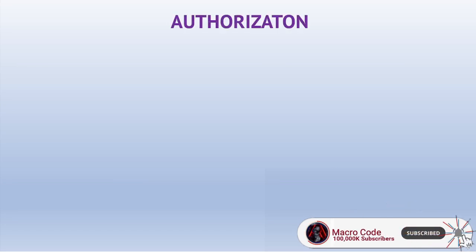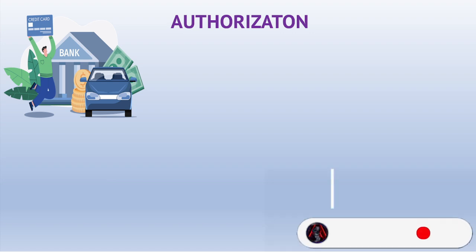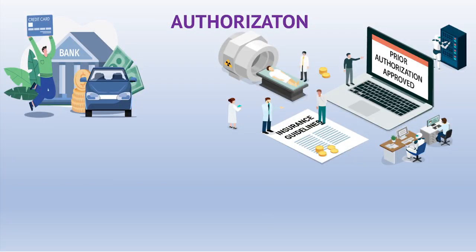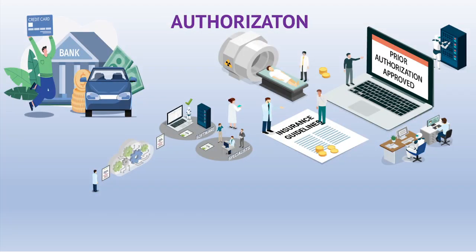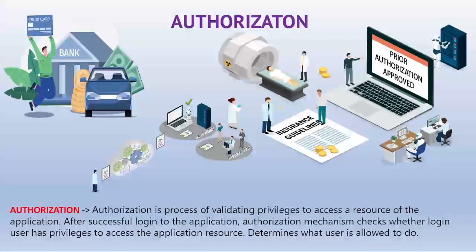Authorization is the process of validating privileges to access a resource of the application. After a user successfully logs into the application, the authorization mechanism checks whether the logged-in user has privileges to access the application resources. It determines what the user is allowed to do in the application. This is done after the user has been authenticated into the application.